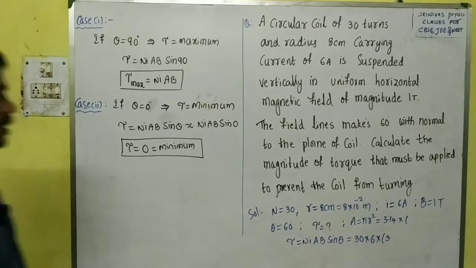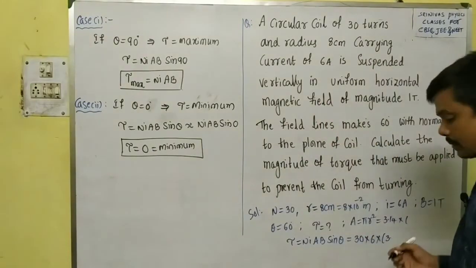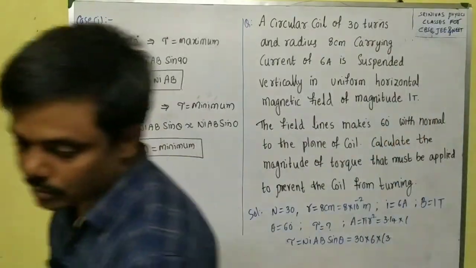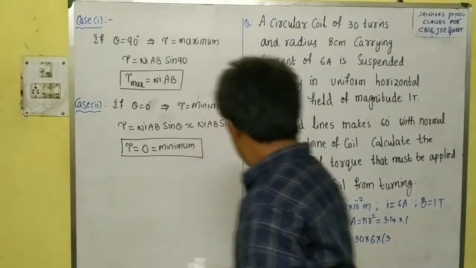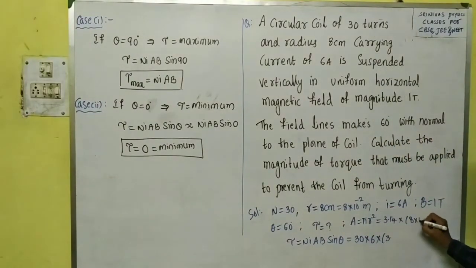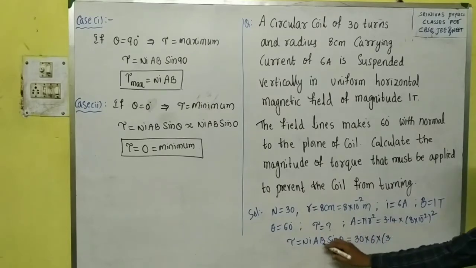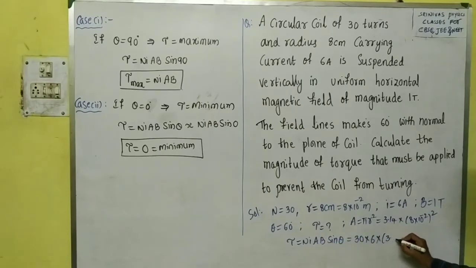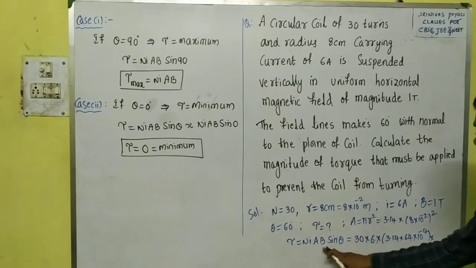Now substitute the values: area is equal to pi r square, where r is 8 into 10 to the power of minus 2, whole square. Area is 3.14 into 64 into 10 to the power of minus 4.